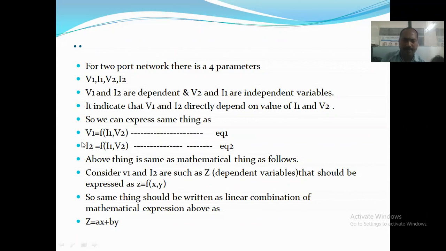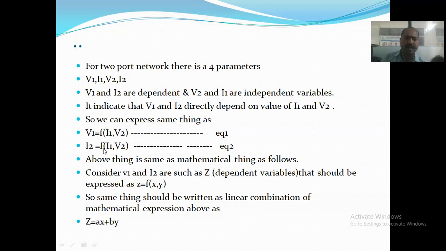We give the name Z to the dependent variable, right? So V1 and I2 should be considered as Z, the dependent variable. So here, instead of V1 we write Z as a function of I1 and V2.